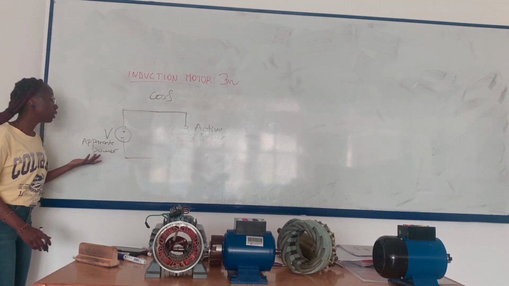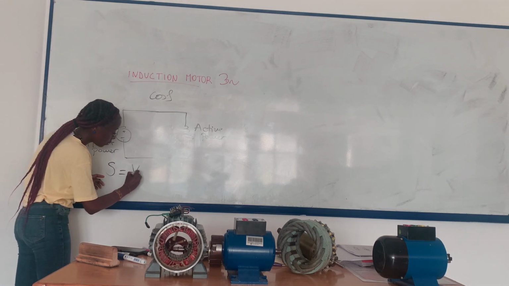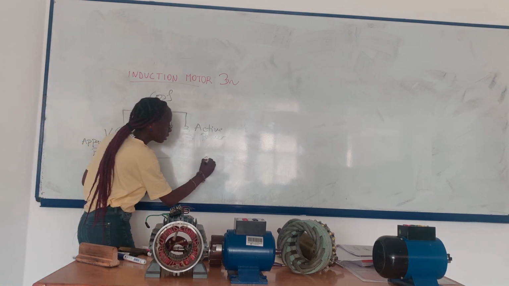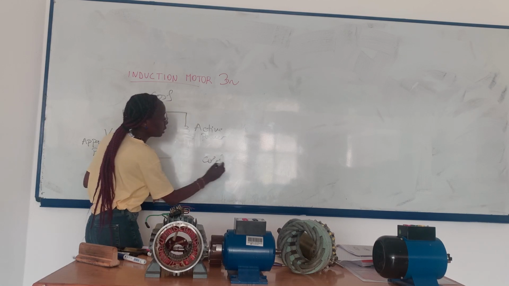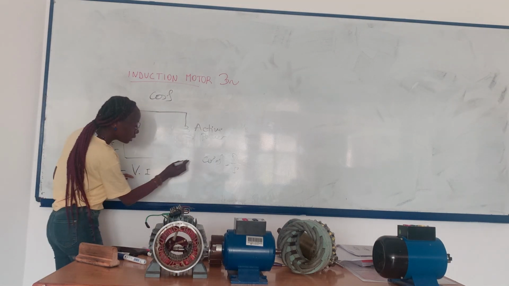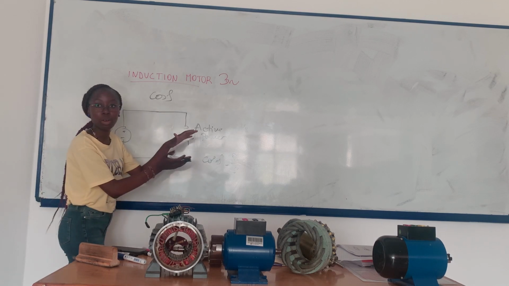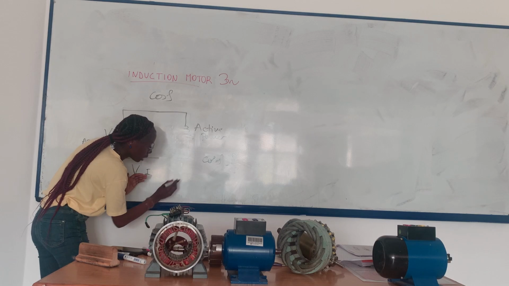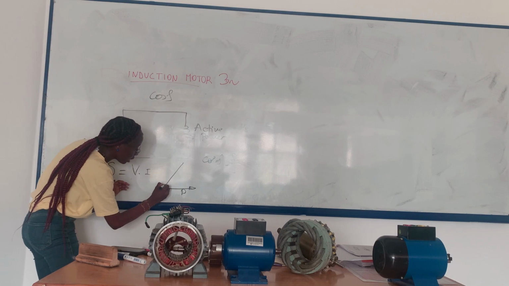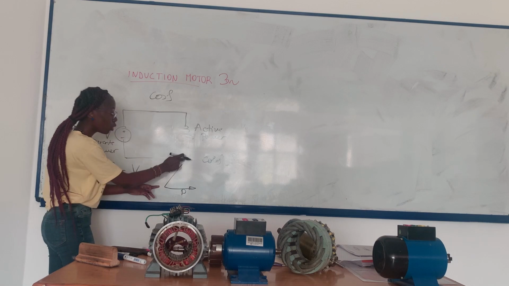We know that the apparent power is represented by S equal to V times I. So the cosine phi is equal to P over S. And we know that the more we are consuming active power, the more also we are going to use apparent power. For example, here we have P, here we have S.